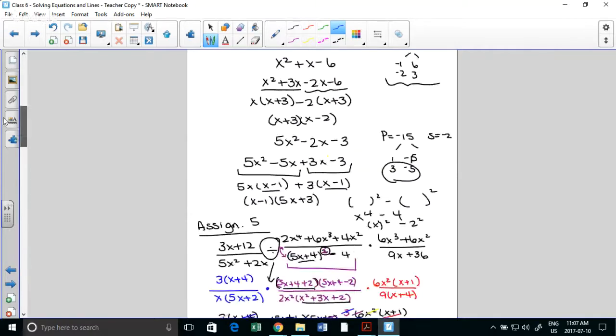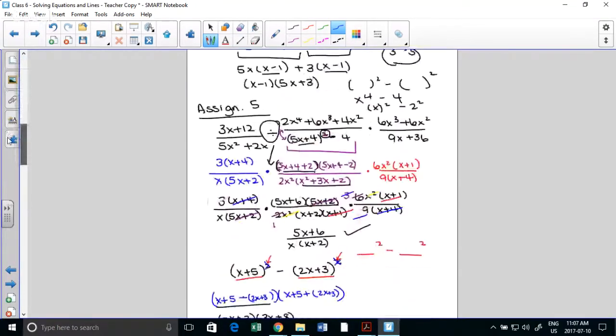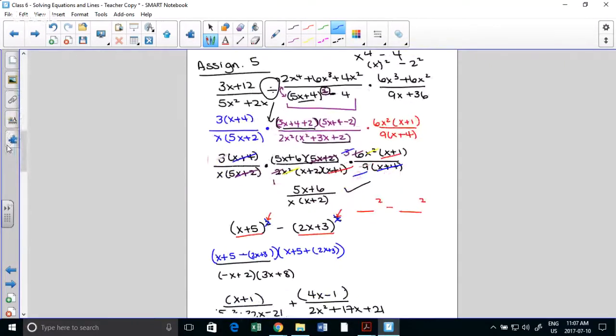So in this problem, if you were asked to find the restrictions, this would be a huge pain, but you would have to find the restrictions from anything that was or is a denominator before you factor.